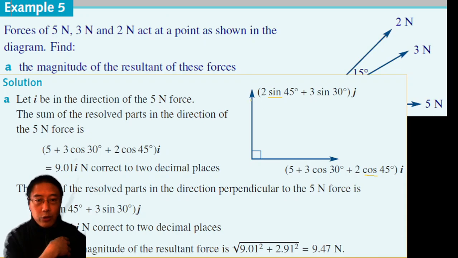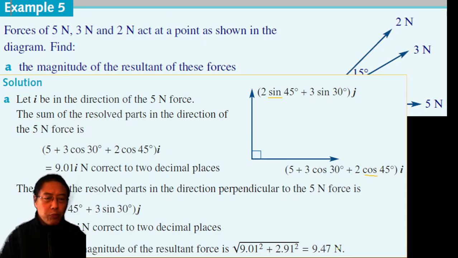So now we have the two components of our resultant force, which we have here. Okay, so they evaluate to 2 decimal places each component, and then they use Pythagoras to find the actual magnitude.